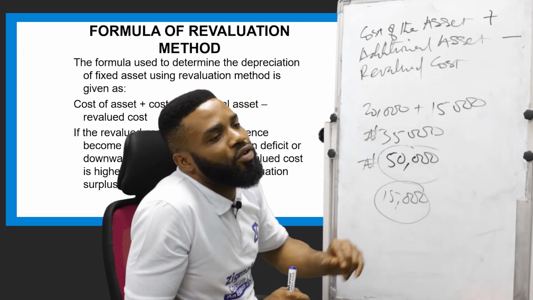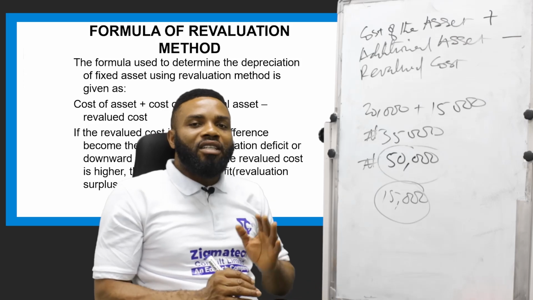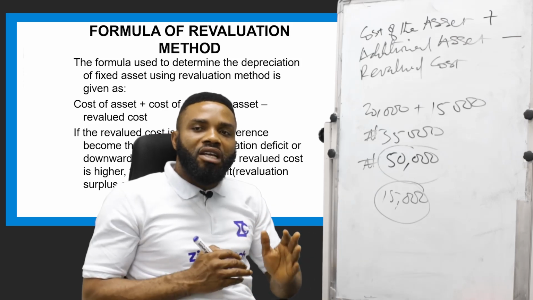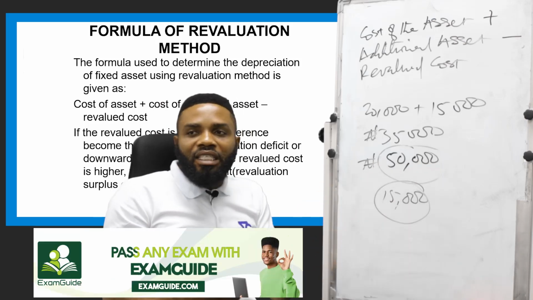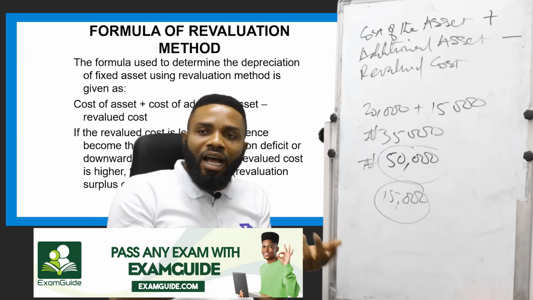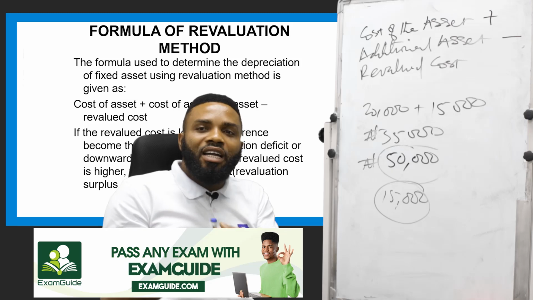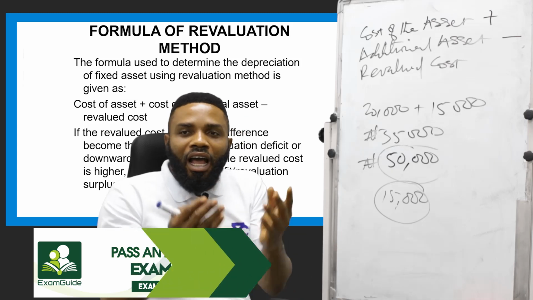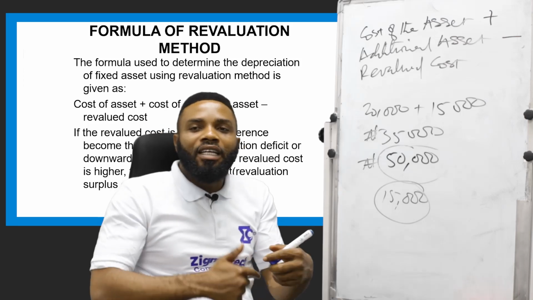This is basically unique with land. There are some properties that, as time goes on, begin to increase in value. Example, land. Another example is investment. Investment is also an asset. You can decide to invest in another organization, and as time goes on, you can always revalue your investment.